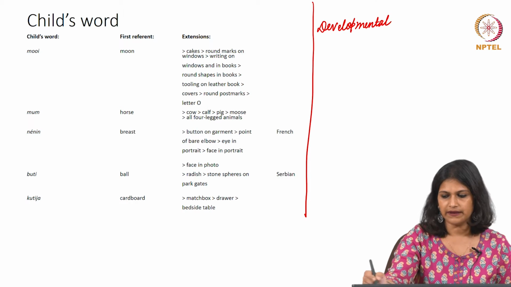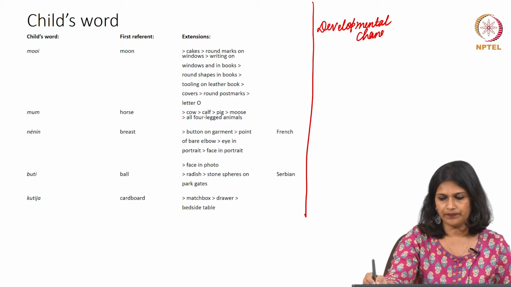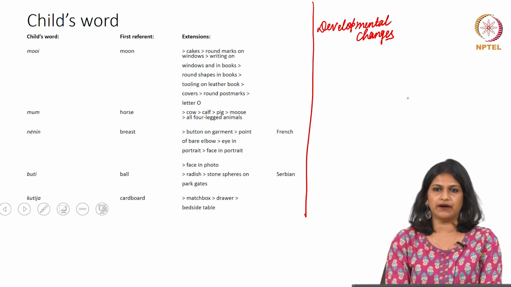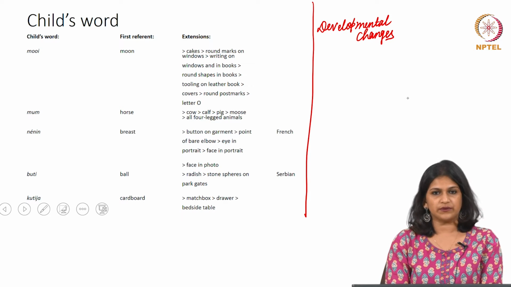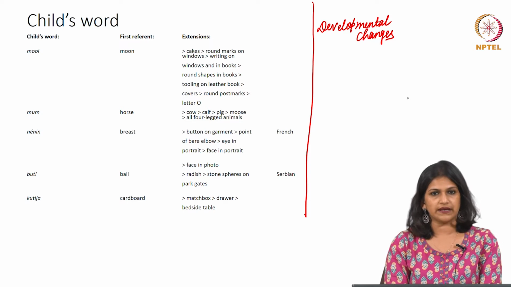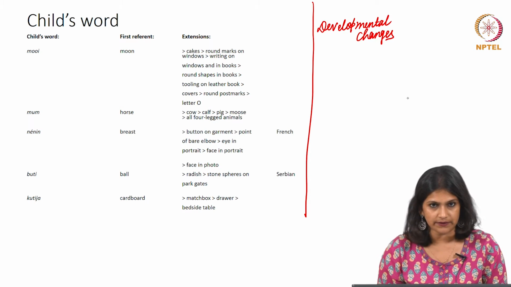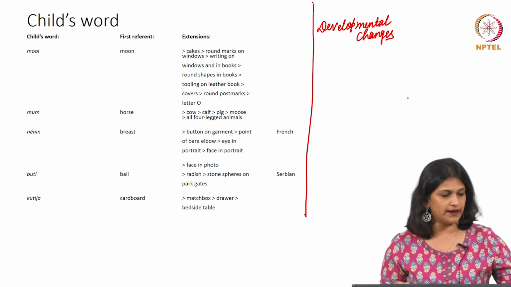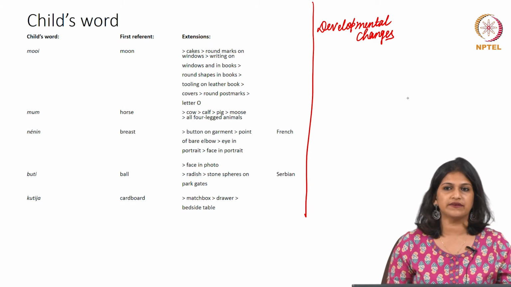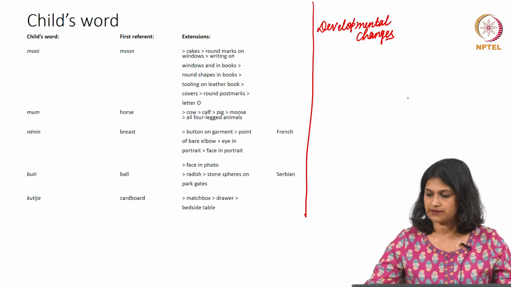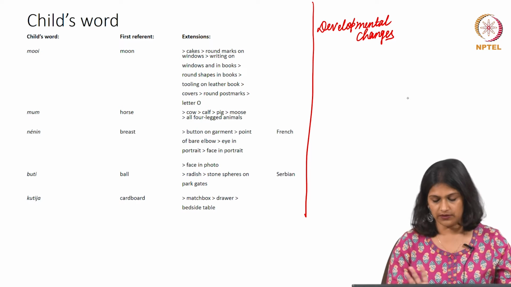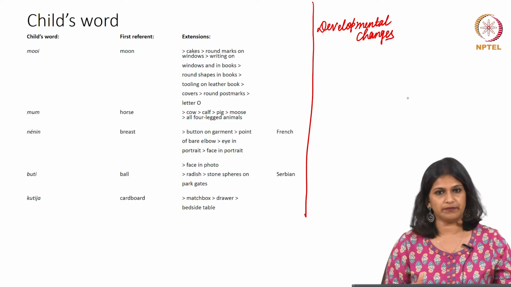I am going to talk about language acquisition, both first language acquisition and second language acquisition. What kind of developmental changes occur, and can we come up with some cross linguistic generalization when we are trying to figure out linguistic changes from a developmental perspective?